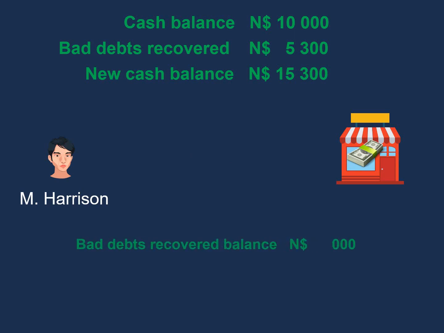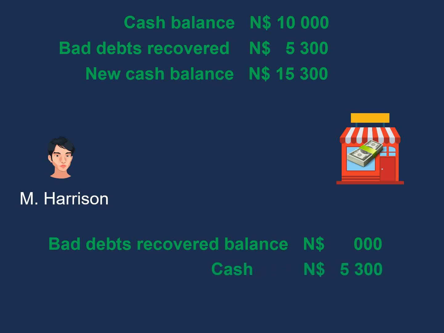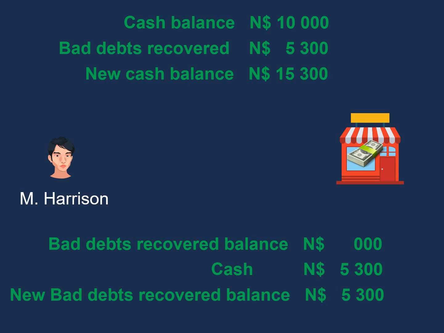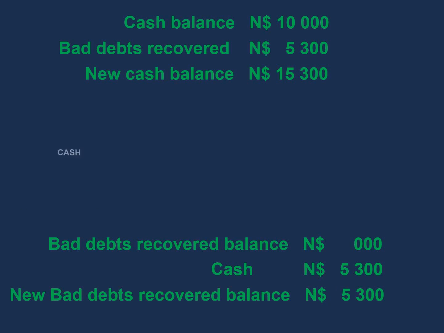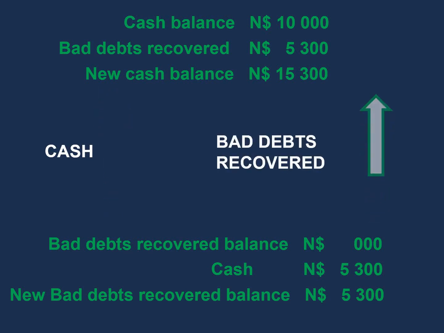And since previously we did not have an account for bad debts recovered, but now after the cash we received from Mr. Harrison, our new balance for bad debts recovered is 5,300. So our cash will be increasing and our bad debts recovered will also be increasing.